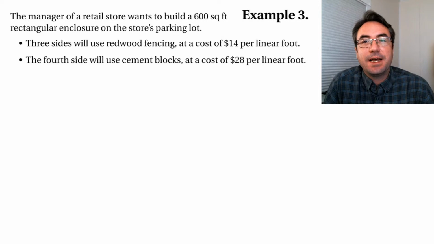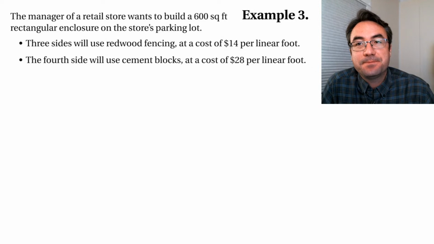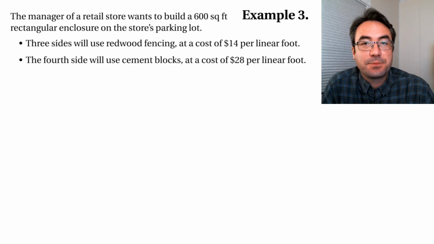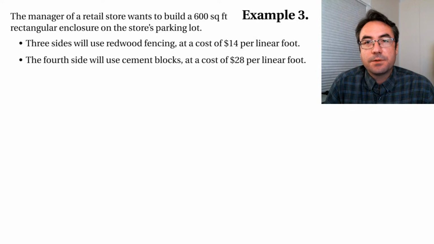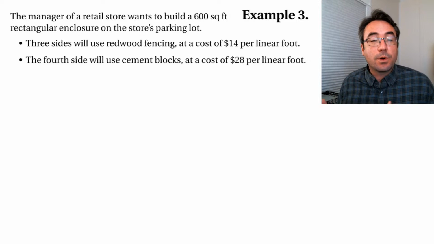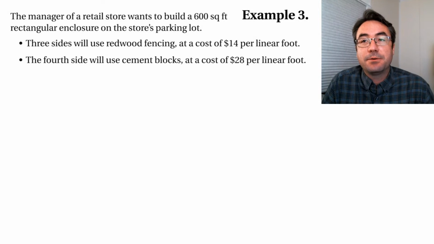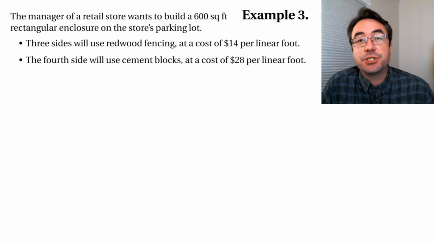And 3 of the sides are going to use redwood fencing at a cost of $14 per linear foot. And then a 4th side is going to use cement blocks, which costs more. They cost $28 per linear foot. So what we're ultimately going to do is figure out how to make this enclosure as cheap as possible.